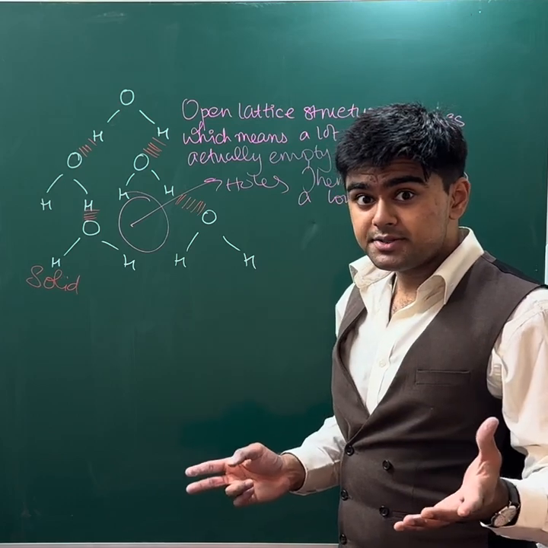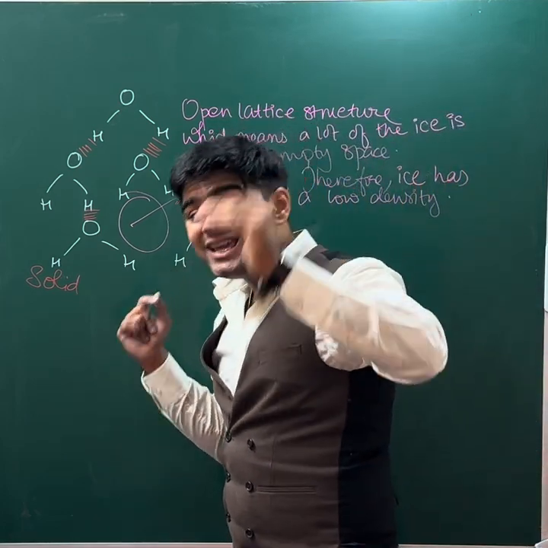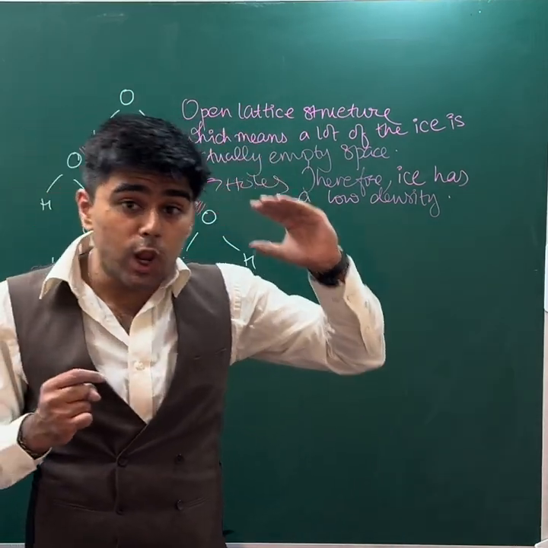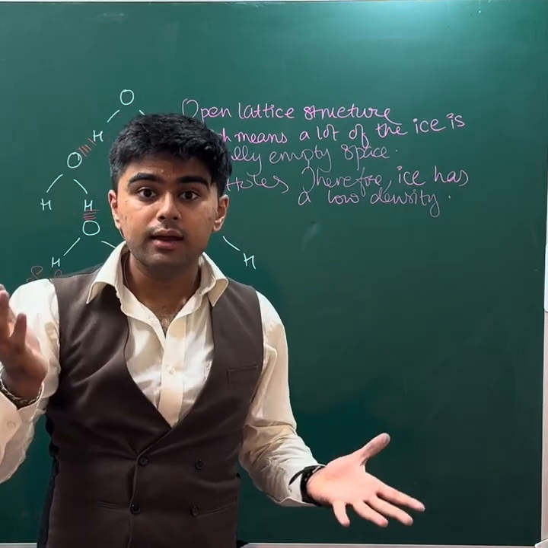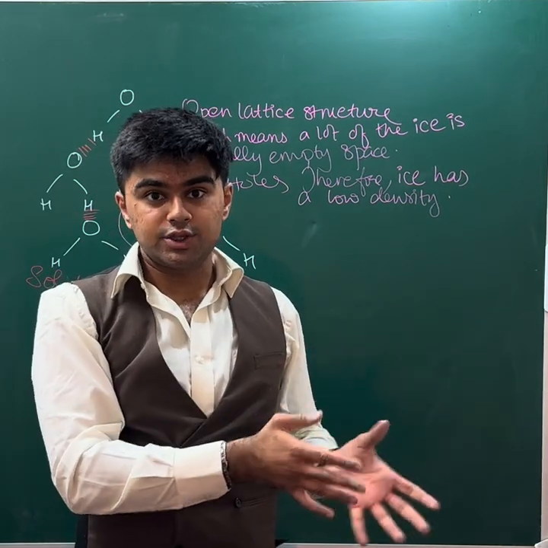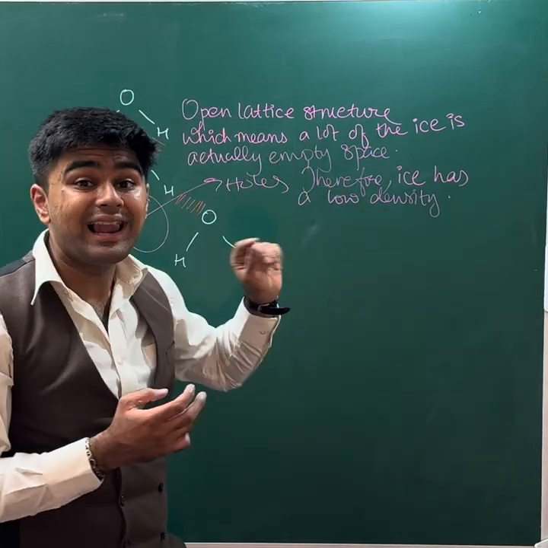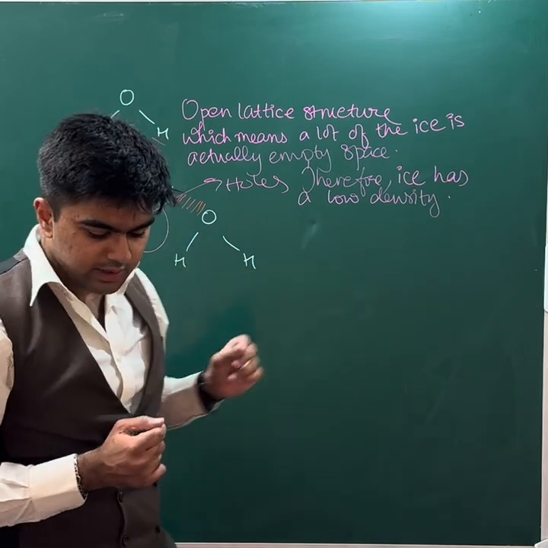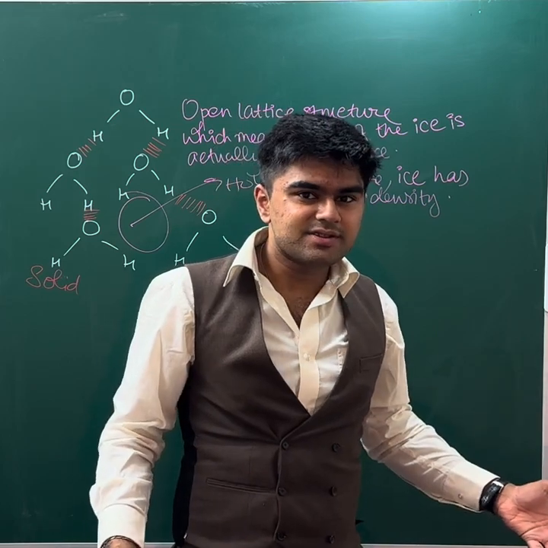In other words, ice, solid H2O, has a lower density than liquid water. Why? Because solid H2O has more empty space because of an open lattice structure. Get it? Perfect.